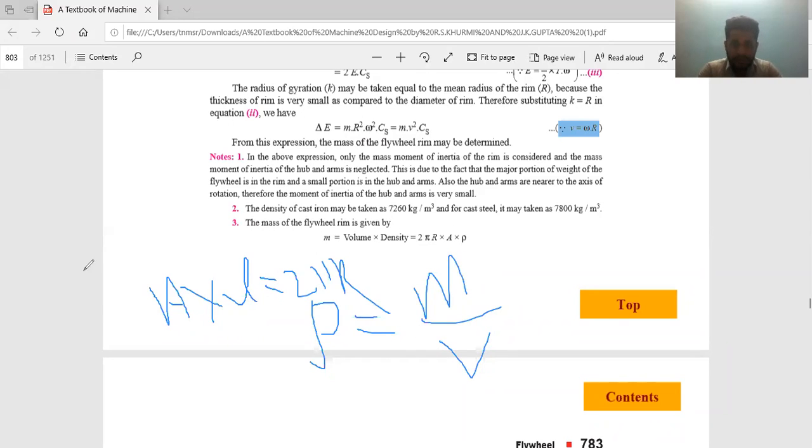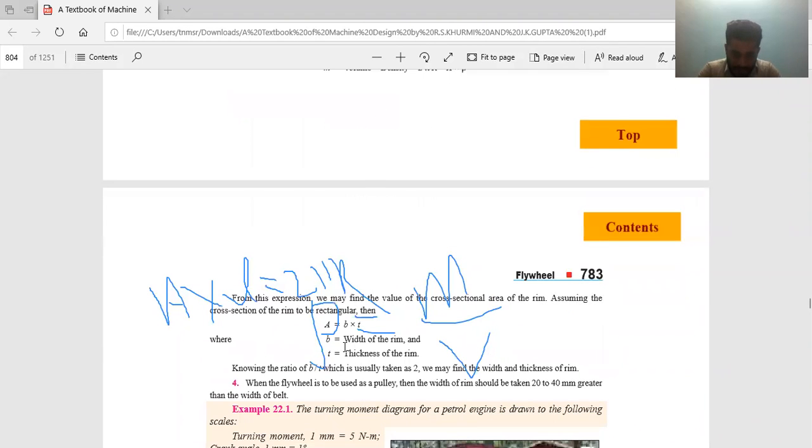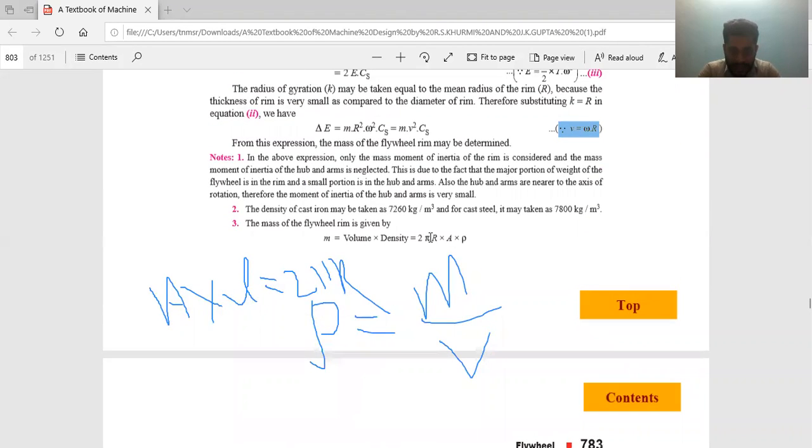Now what is the area of the flywheel? If I am assuming the cross section of the rim is a rectangle, then the area will be width into thickness, width of the rim into thickness. So area is equal to B into T. Substitute this equation over here.